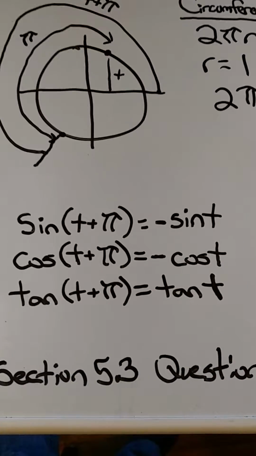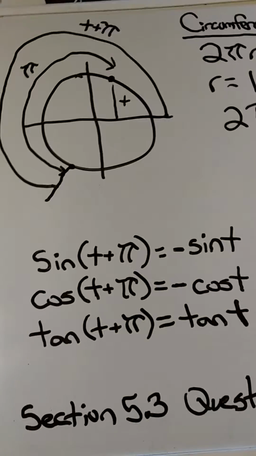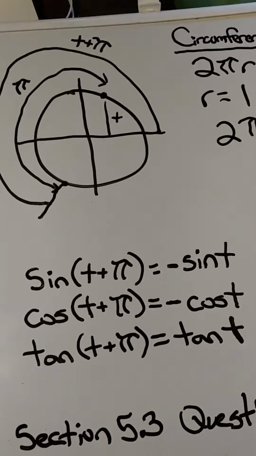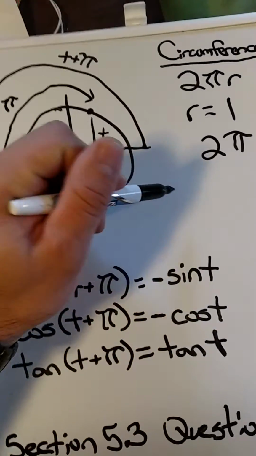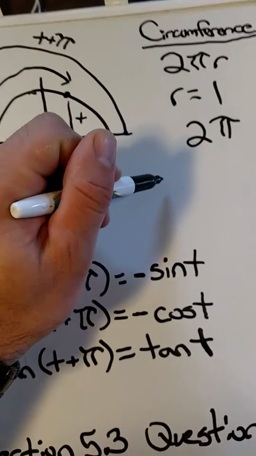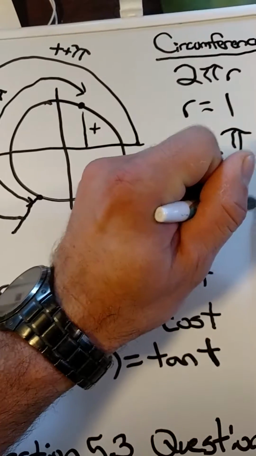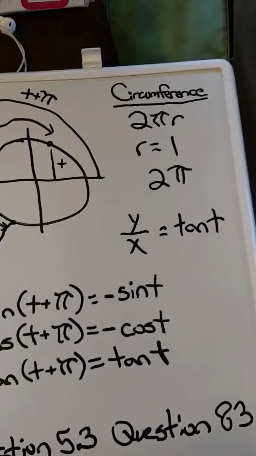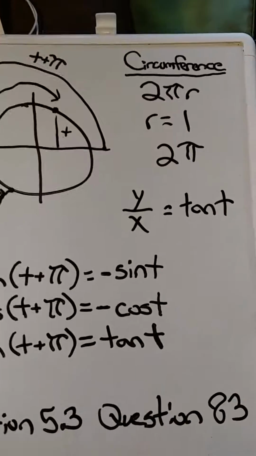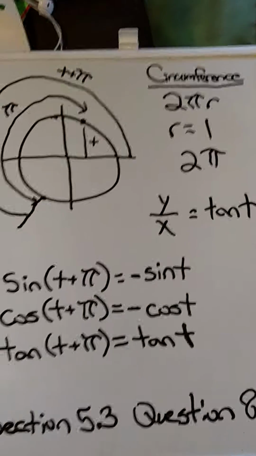Now for tangent, tangent's a little bit different because tangent is an actual ratio. The ratio of, I believe it's y over x is your tangent t. So with that, you have the properties of quotients that apply here.